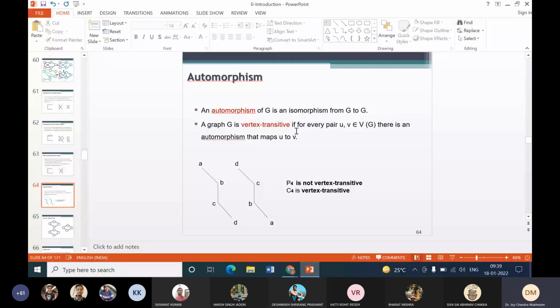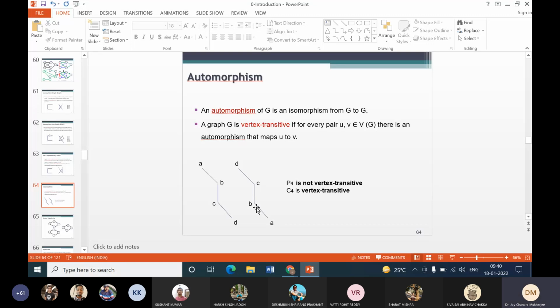An isomorphism from G to G, जहाँ पे given a vertex A in graph G, you can biject this vertex to some other vertex other than A. So they say A is mapped to D, B is mapped to C. So अगर मैं ये कर देता कि A is mapped to A, B is mapped to B, C is mapped to C, so definitely for all graphs there is a single automorphism at least, but in some cases there can be more than one, for this kind of graph where A can be mapped to D, B can be mapped to C, C can be mapped to B, and D can be mapped to A.